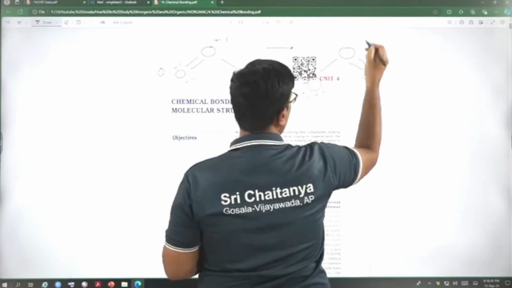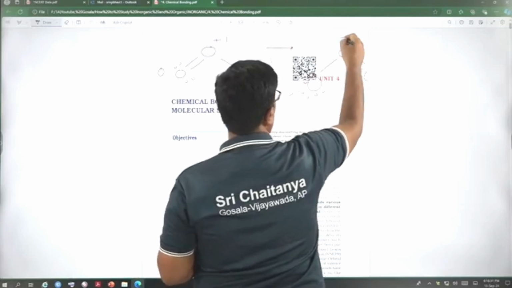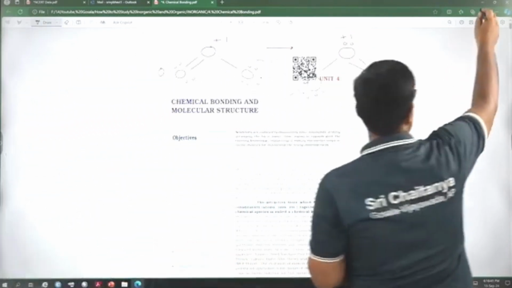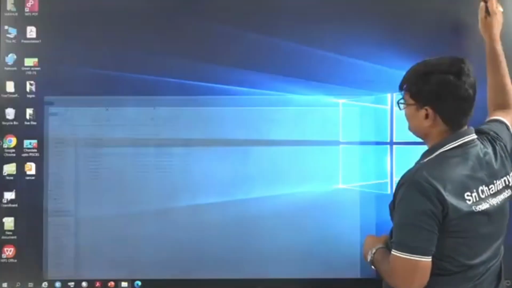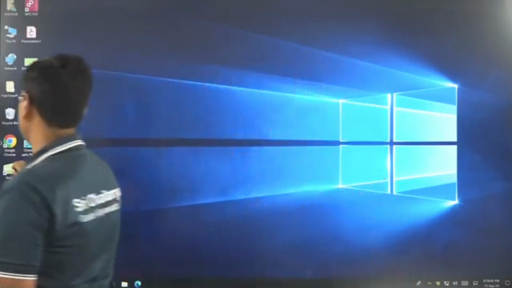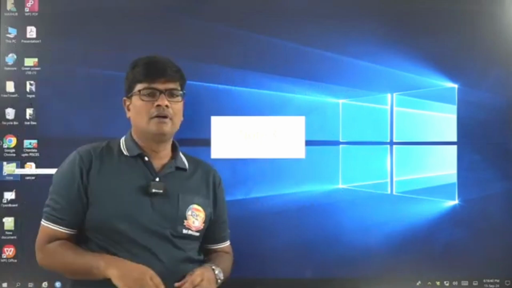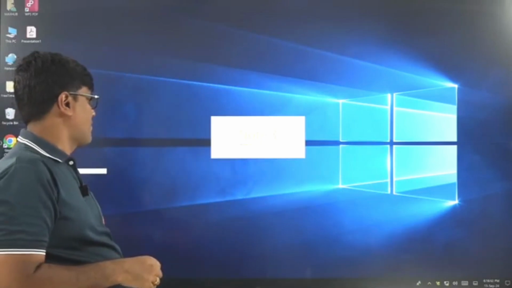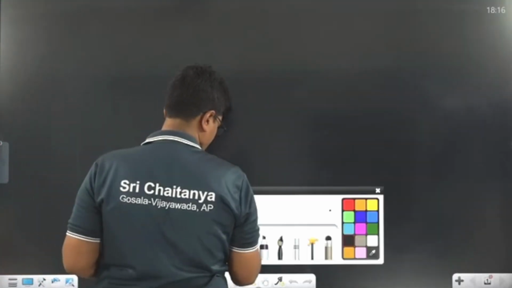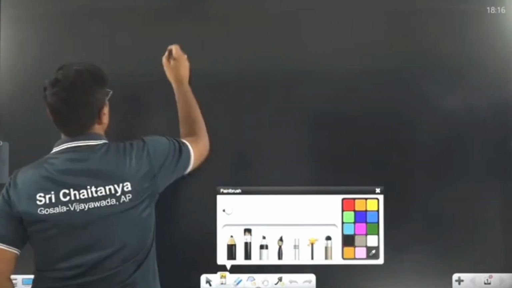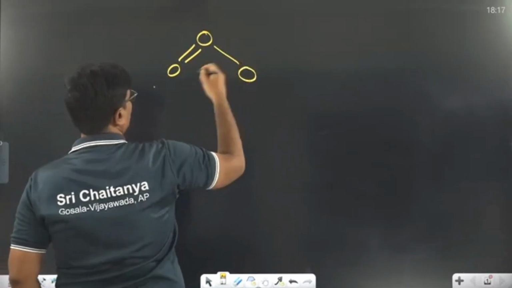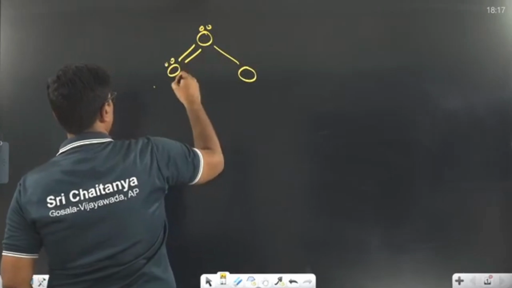So due to the resonance, the formal charge on oxygen can be shared. For example, let me write in the notes. So let's see the formal charge of ozone, O3. O3 has a resonance, so the O3 molecule can be written like this.